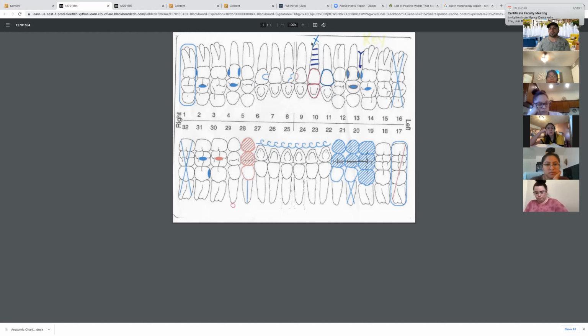Okay, so what we see here is, anytime we see roots that have lines on them, it reminds us of the threads on a screw, or you can think of it that way. And then an X on top means that there is no tooth there. So anytime you see an X, it's a condition that the tooth is no longer there.